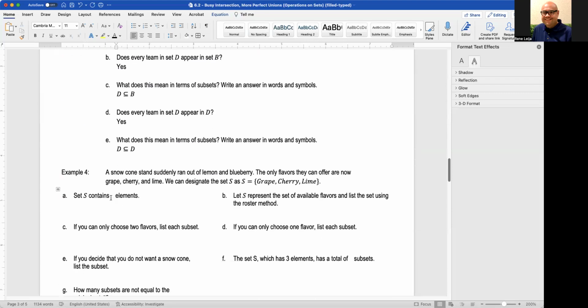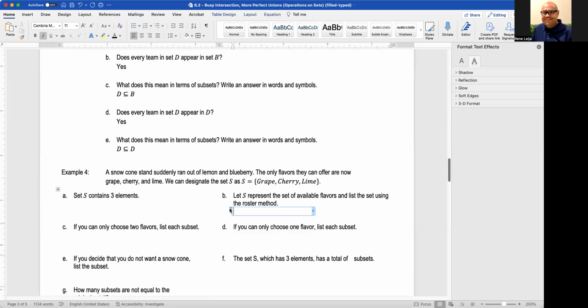Now, example 4. It says a snow cone stand suddenly ran out of lemon and blueberry. The only flavors they can offer now are grape, cherry, and lime. We can designate the set S as grape, cherry, and lime. So set S contains how many elements? Well, there are only 3 elements.